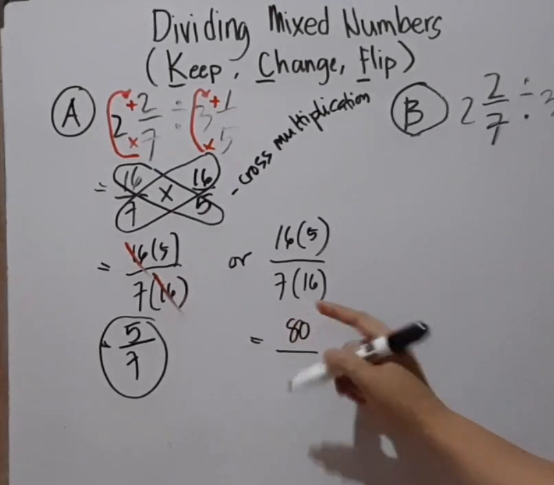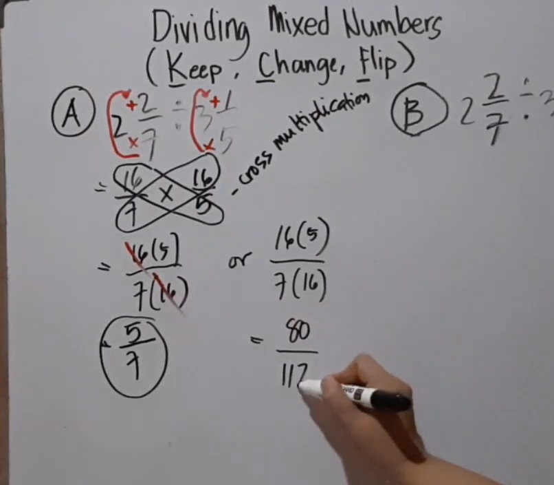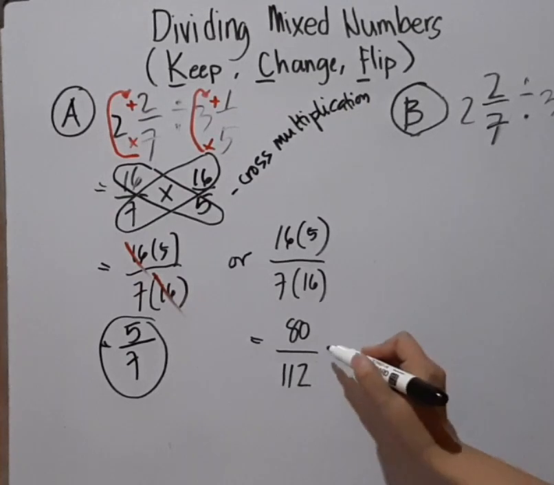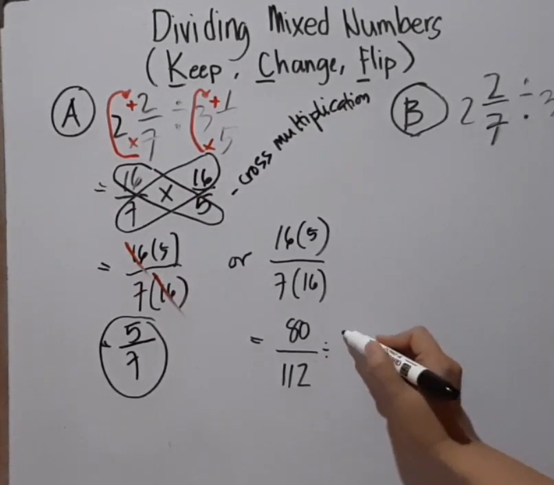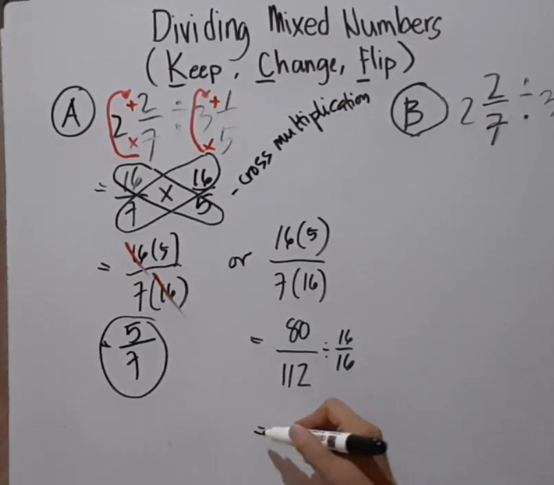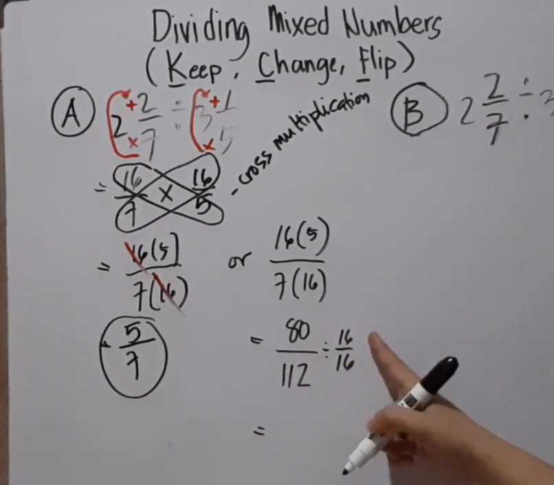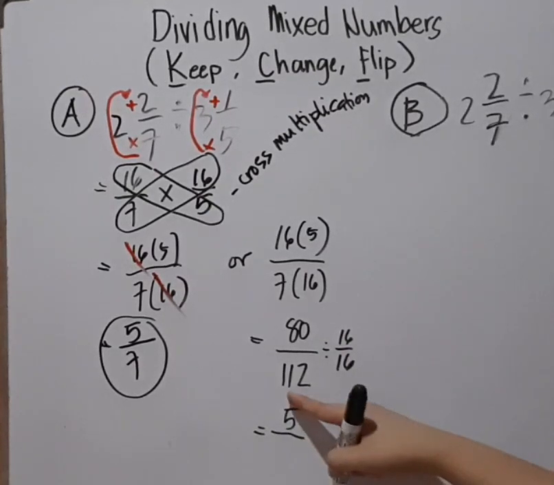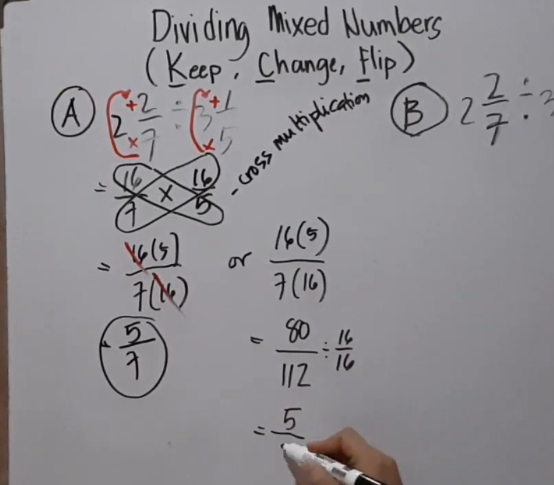Over this, so it will give us 112. So, this is actually divisible pa po siya ng 16. So, we can divide both by 16 over 16. And then execute po. 80 divided by 16 will give us 5, 112 divided by 16 will give us 7.